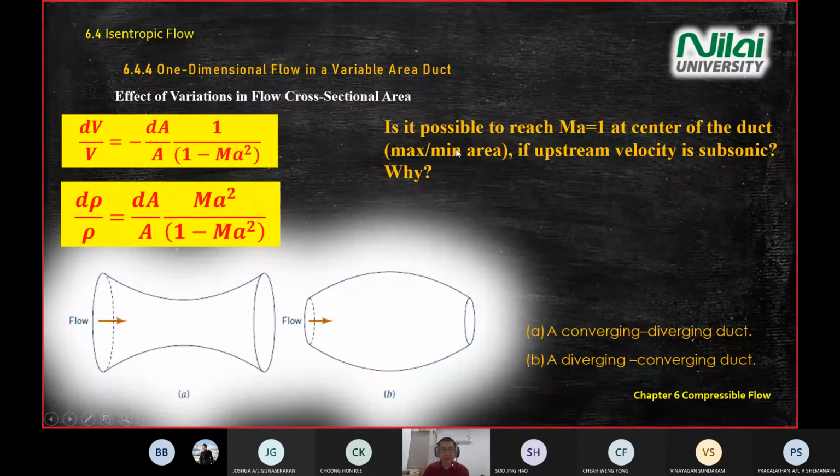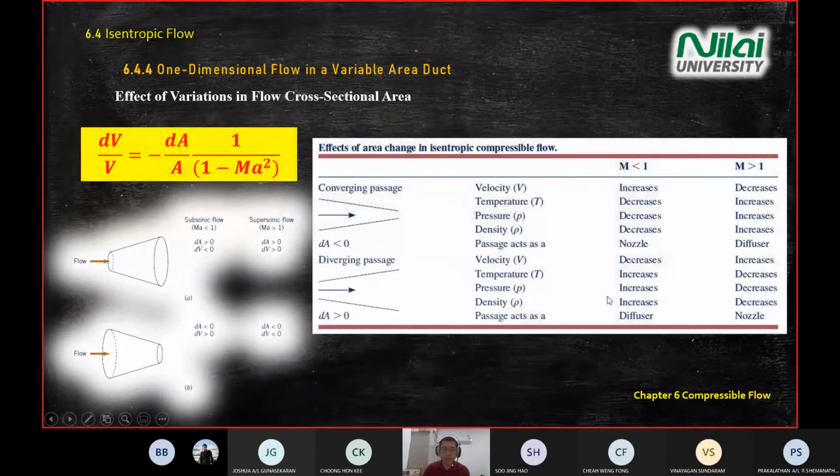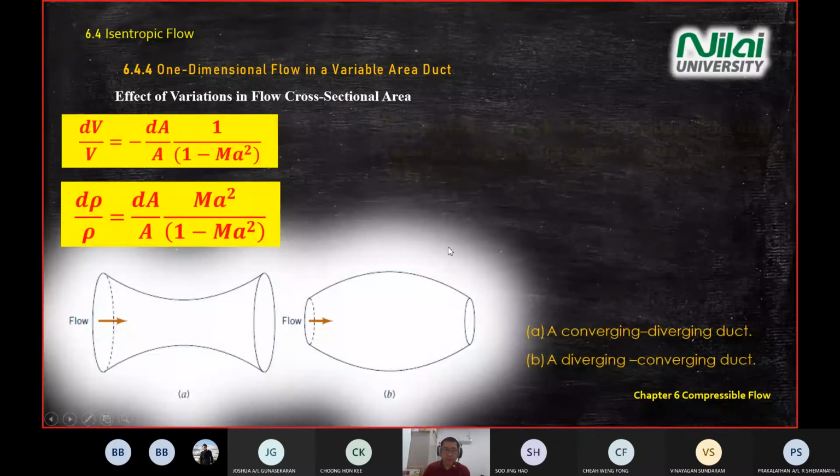So the question is, is it possible to reach Mach number 1 here if the upstream velocity is subsonic, and why? For this question, you need to refer back to this table or this equation. It's easier if you refer to this one.